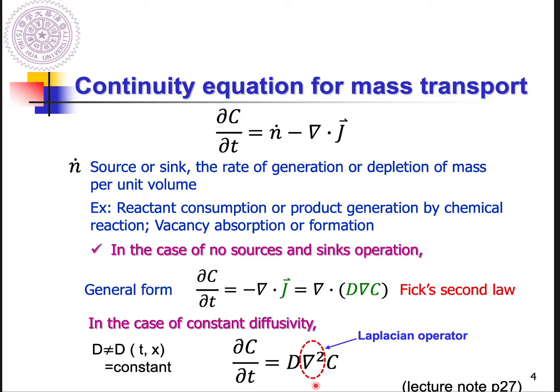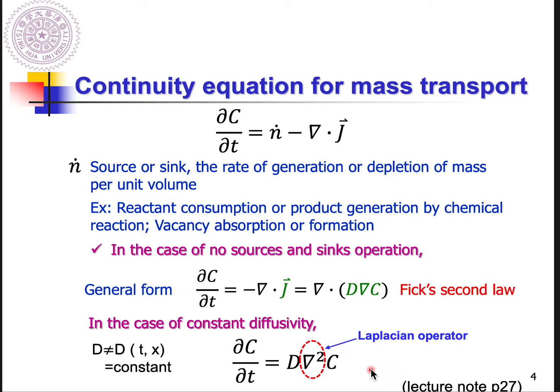As long as we solve this diffusion equation, we can get the concentration profile as a function of location x and time. And now you have successfully gotten the diffusion equation for mass transport inside the materials.